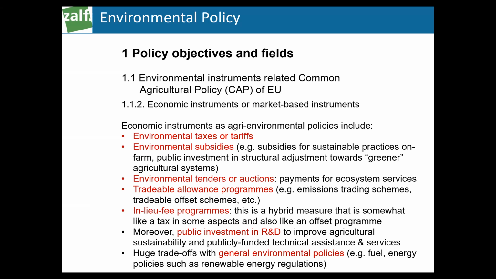Greening is more that you have, for example, a coherent policy with, I think, if I'm not wrong, animal welfare or certain management practices, but it would not be cross-compliance. Cross-compliance is a certain commitment you have to keep.